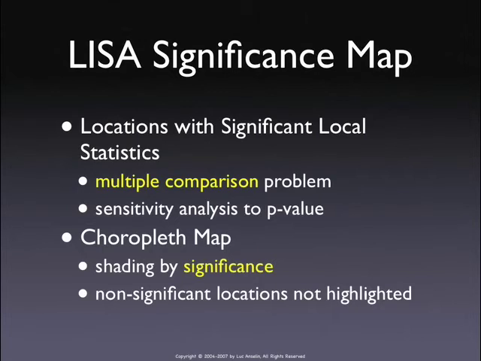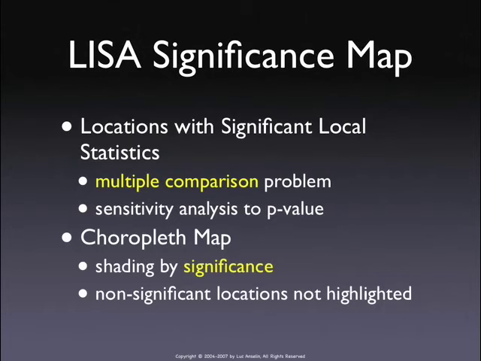I'll talk about that some more later, but it's something to keep in mind when you interpret the results, in that the p-values that are given, say, by GeoDa, are not really correct. They're not correct because they don't take into account the multiple comparison aspect. How to correct them is a different story, and that's actually very tricky.